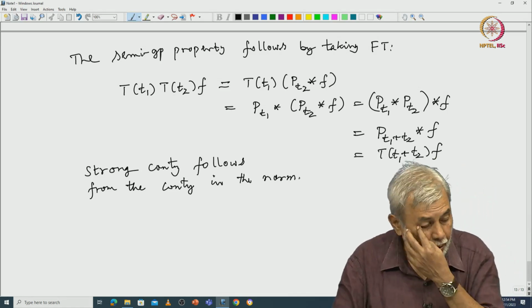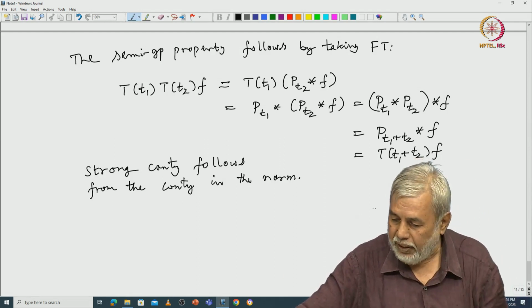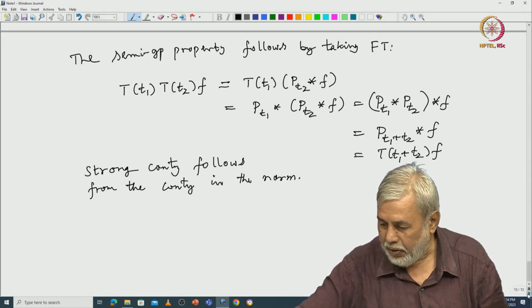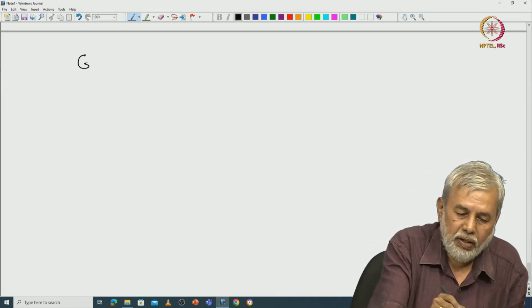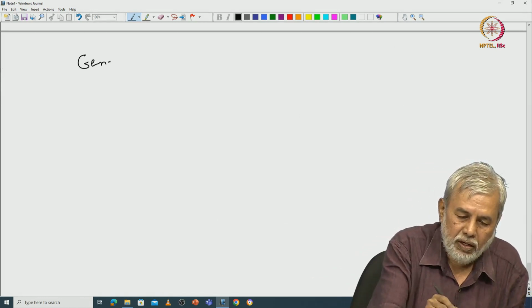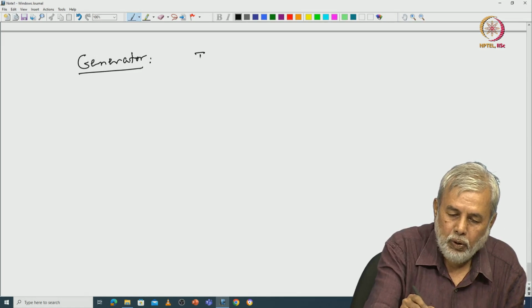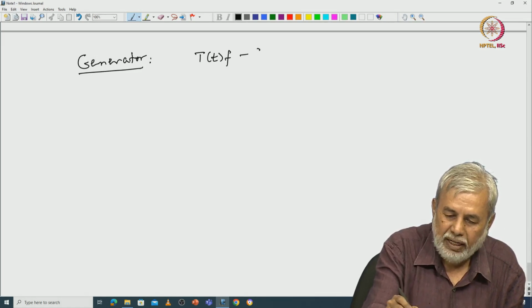Okay. Now, a brief discussion in the remaining time about the generator. So, what we have to look for is (T(t)f minus f) by t.